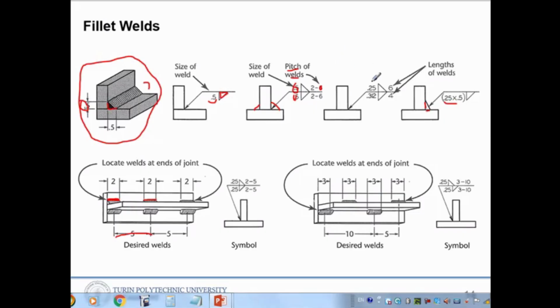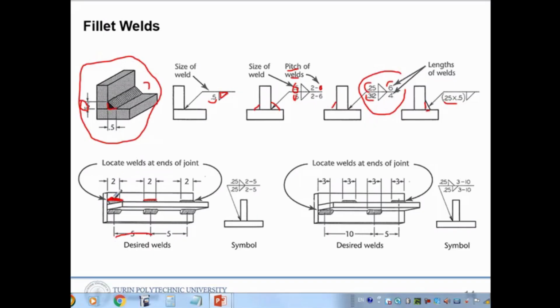And if you have welds shown this way, that means the leg on one side is smaller and on the other side is bigger, and the length of the weld also differs. On this side the length of the weld is bigger and on the other side the length of the weld is smaller.